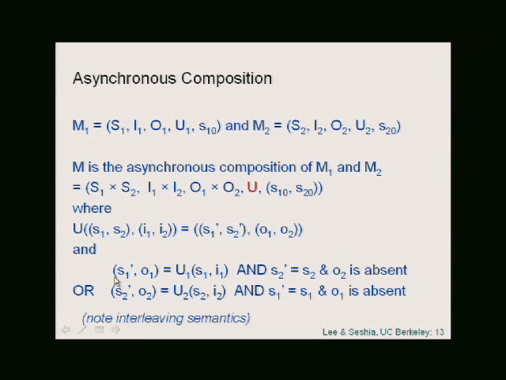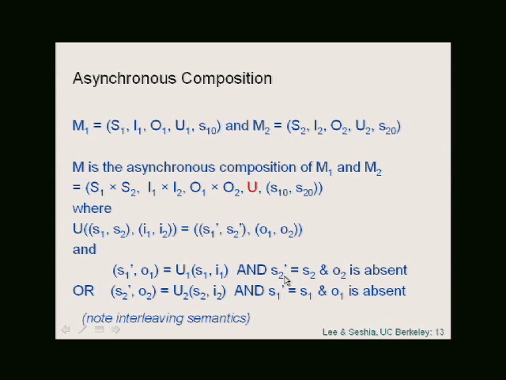That's by definition in asynchronous composition. When you make a transition in one machine, the other machine stays in its state and generates no output. And it's symmetric for the other case. In this case, machine 2 makes a transition according to its update function, and the state of machine 1 stays the same and its output is absent.